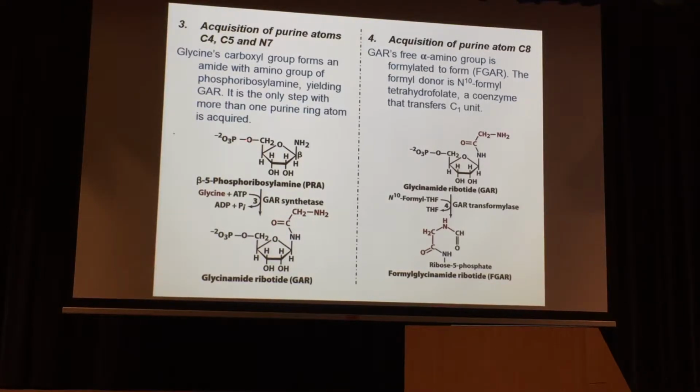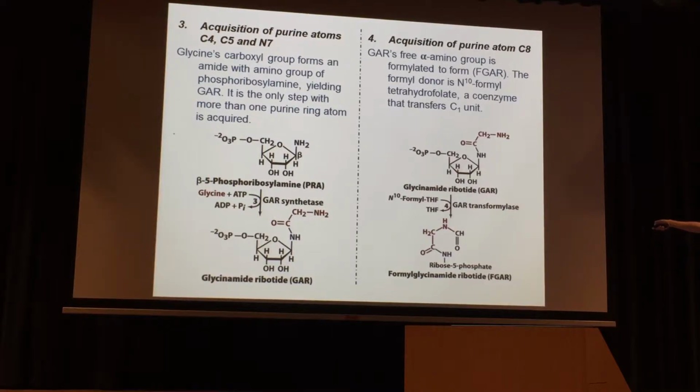So you will see that glycine comes in now, and it's being added. You have H, this is the R group, this is the amine group of the amino acid, and this is the COOH of the amino acid. The whole glycine molecule is added to the amino group over here to form an amide bond.